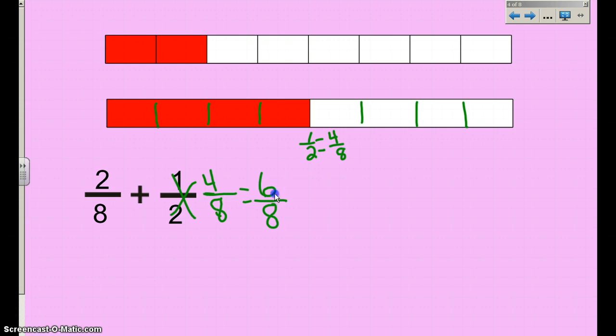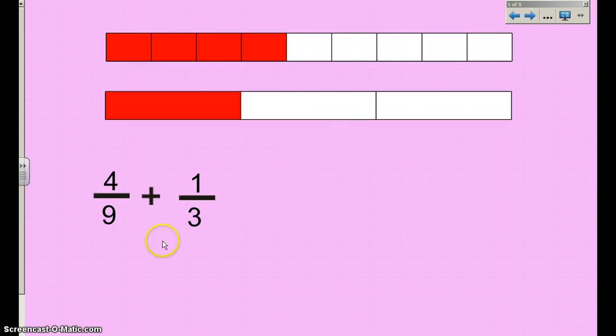Okay, let's go on to another example. Okay, 4/9 plus 1/3. I'm looking at my denominators and notice they are different. My job is to change those denominators to make them the same. Okay, so let's look at our models. I've got 4/9 right here on the top, and this red part is showing me 1 out of 3, 1/3.